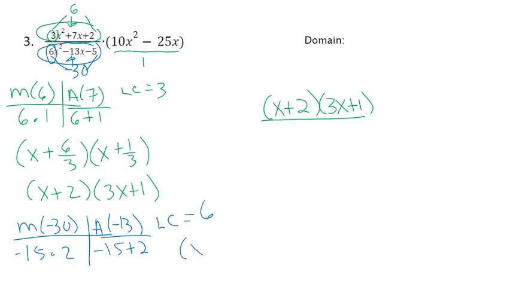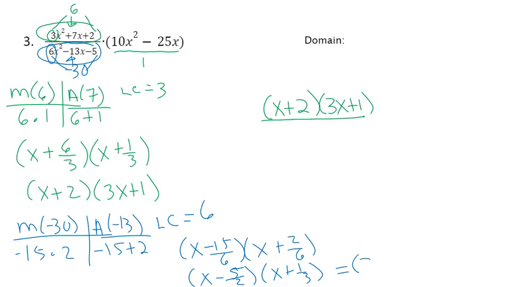So when we divide this out, negative 15 over 6, x plus 2 over 6. If we reduce that, that would be 5 halves and 1/3. Or 2x minus 5, 3x plus 1. And so that would be our bottom part.